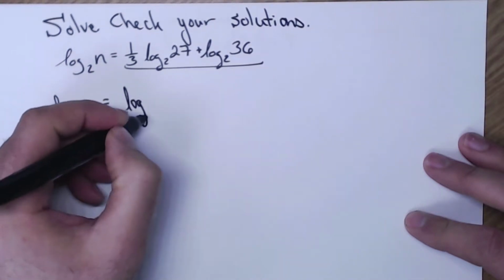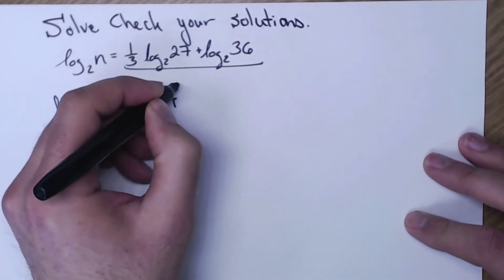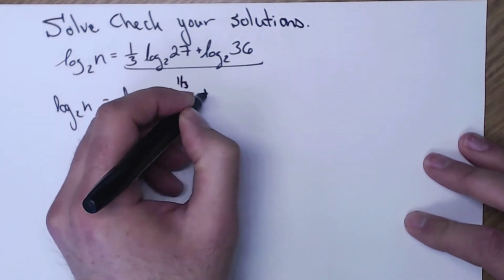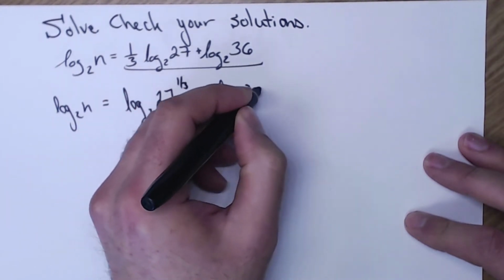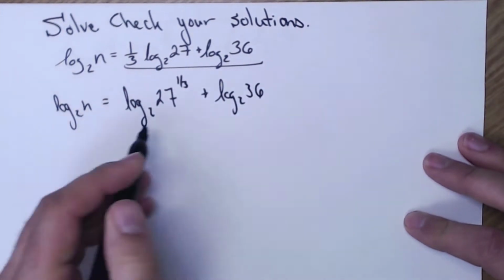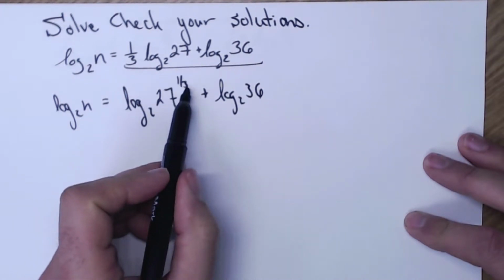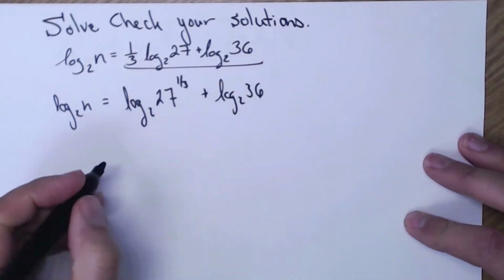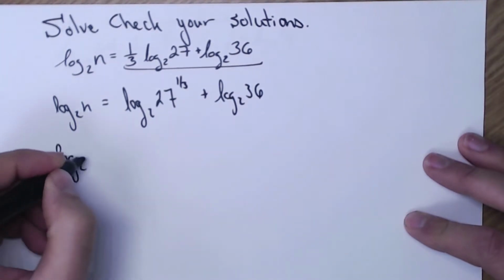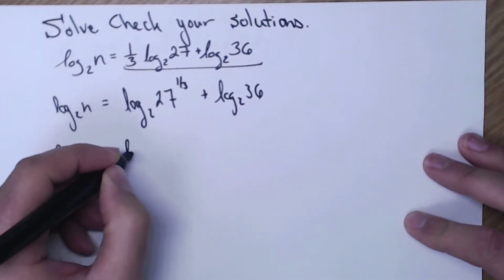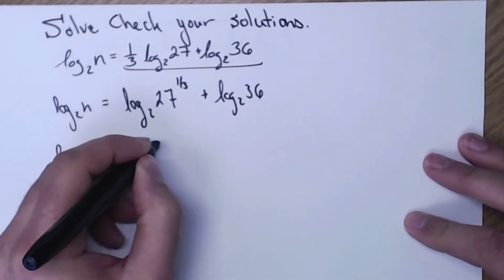So that's going to become log base 2 of 27 raised to the 1/3 plus log base 2 of 36. Well, I know what 27 to the 1/3 power is. It's power over root, so it's the third root of 27. Third root of 27 is 3.